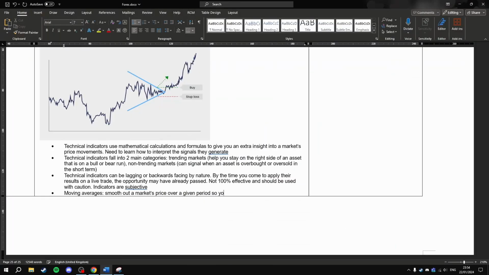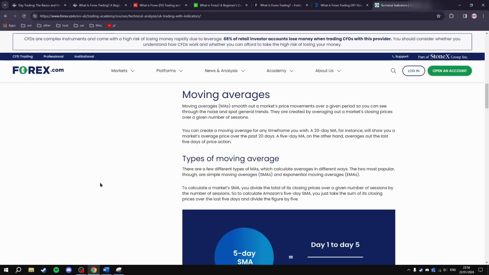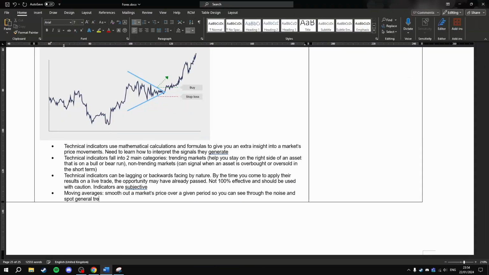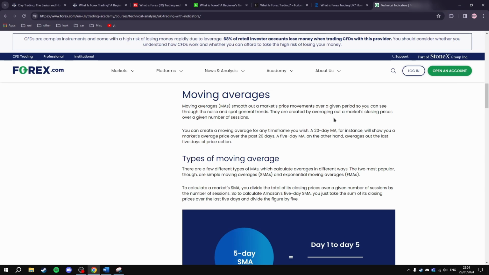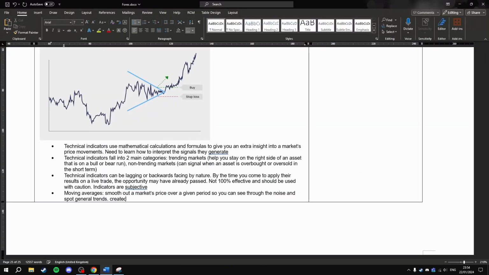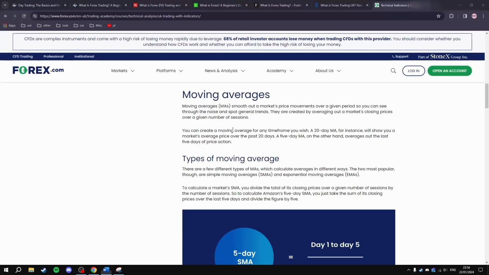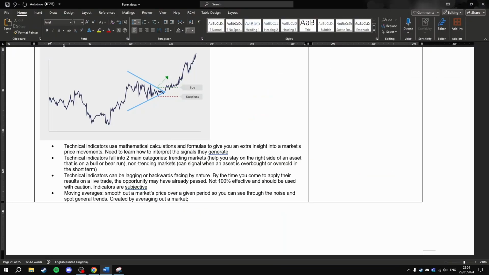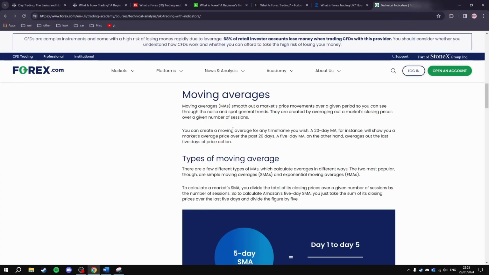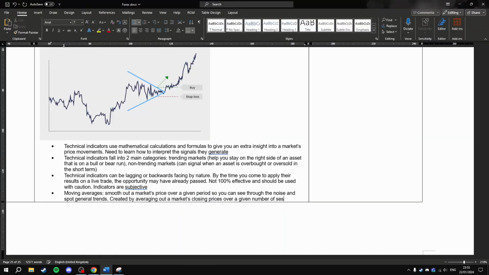They are created by averaging out a market's closing prices over a given number of sessions, and by sessions I'm assuming that is the number of candlesticks.